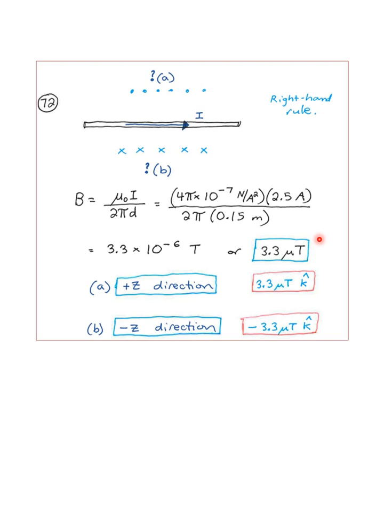And then based on our picture up above from the right-hand rule, in part A, it's in the positive z direction. So as a vector, we can write that as 3.3 microteslas k hat. And at point B, it is in the negative z direction, so we can say negative 3.3 microteslas k hat.